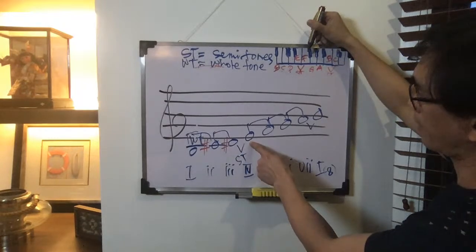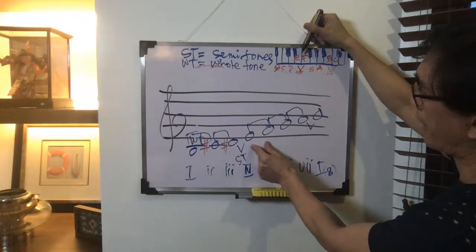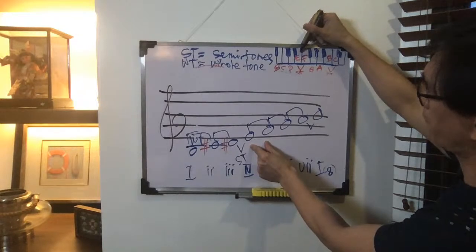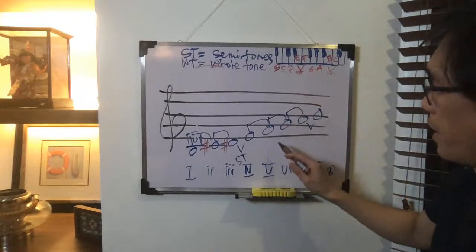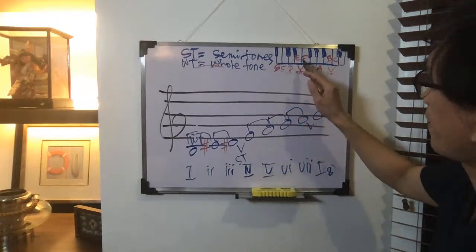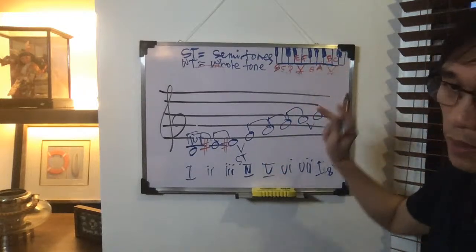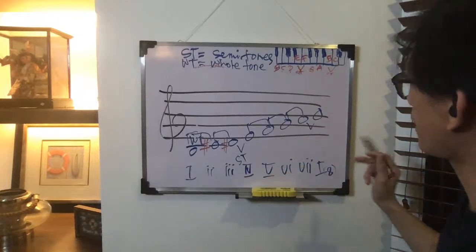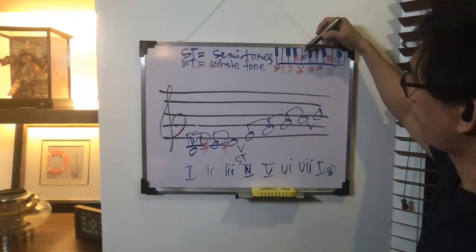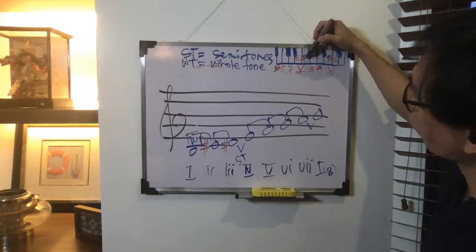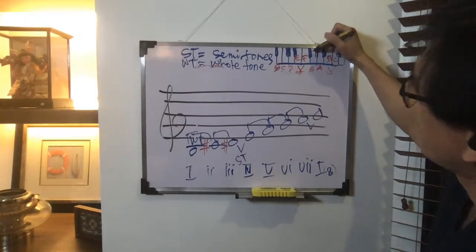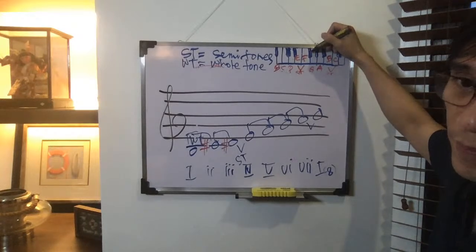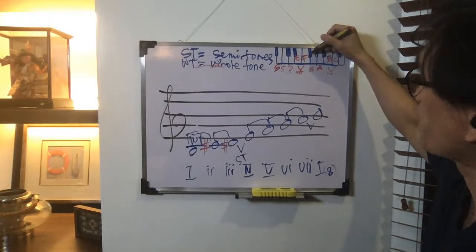Now, from E to F natural. E to F has to be a whole tone, but here it's only a semitone because E and F are both white keys, just neighbors. So the E should kick the F to the higher ground. So this should become F sharp.